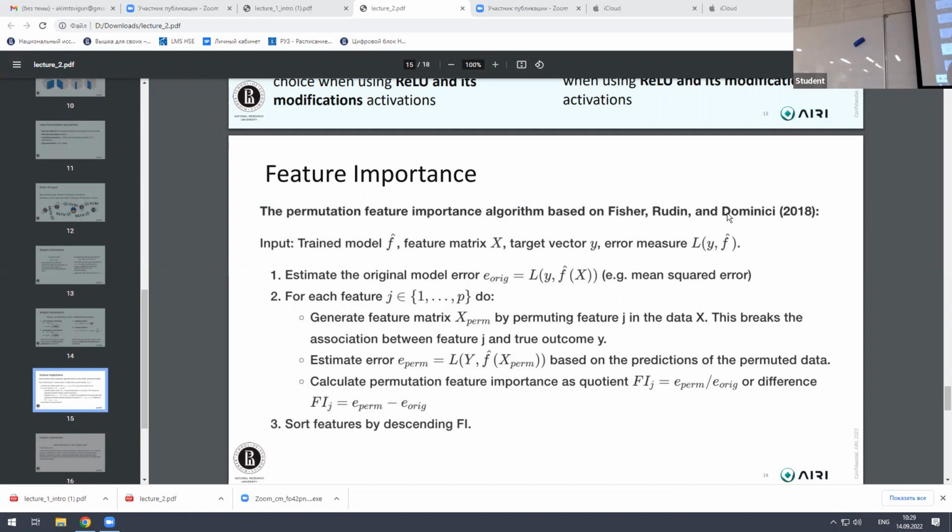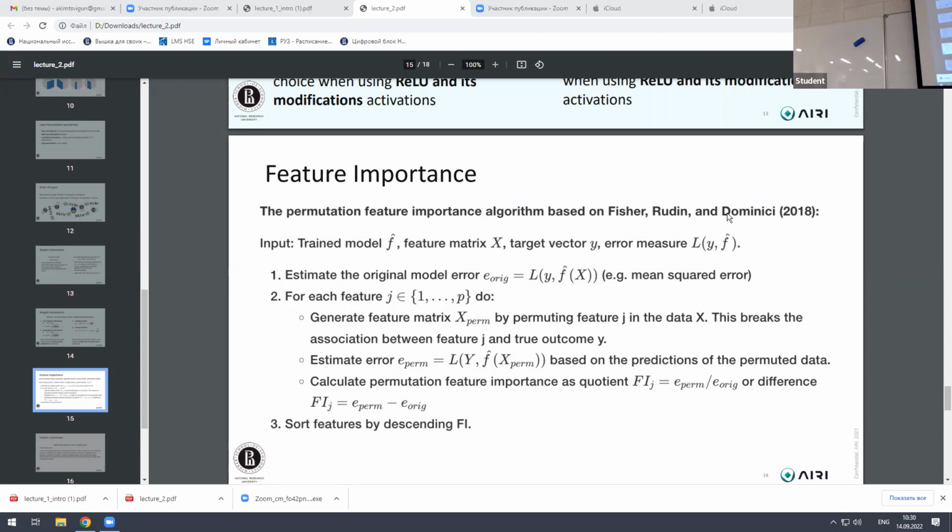Next, for each feature in our data set, we generate the matrix X perm by permuting feature J in the data X. What we do is only take this feature column and randomly shuffle the values from it. That's it. It surely will break some connection between this feature and the true outcome.